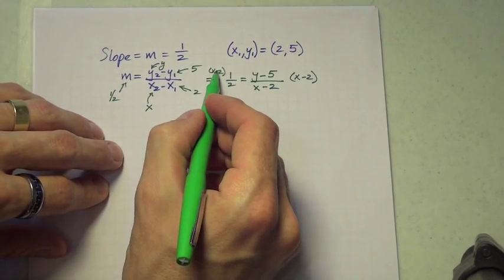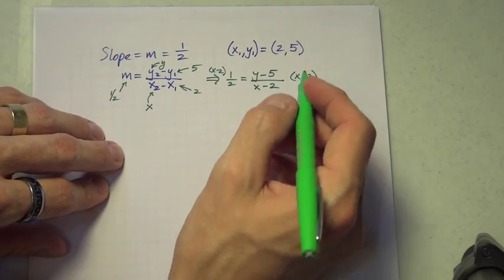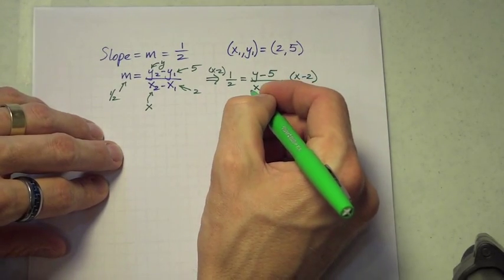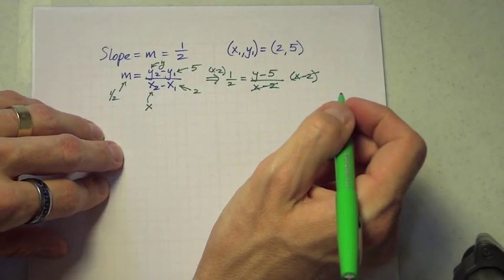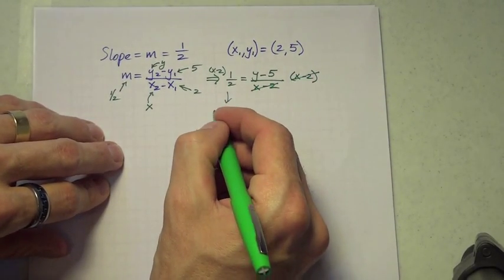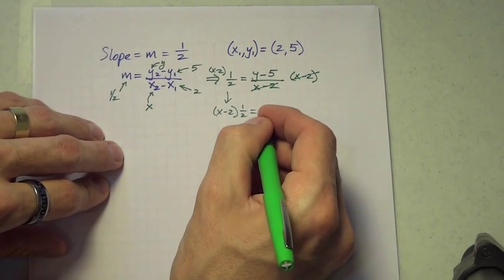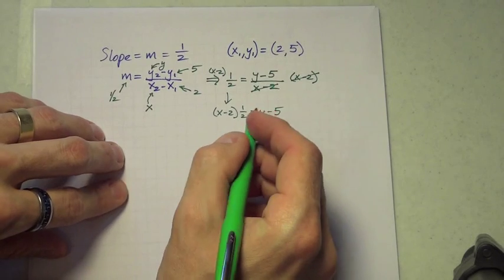So this gets multiplied by 1/2, and this gets multiplied here. So in doing so, we will cancel out these two terms. We still have, I'm going to pull this down, x minus 2 times 1/2 equals y minus 5.